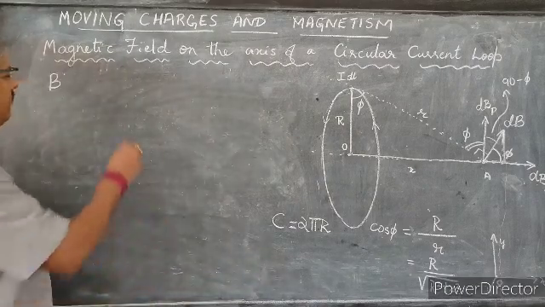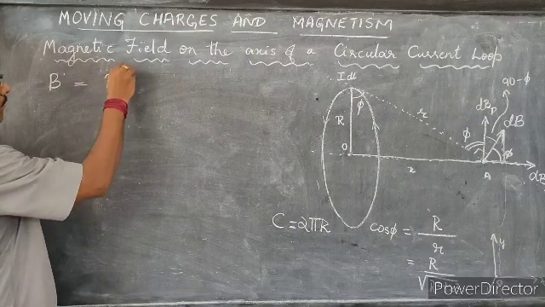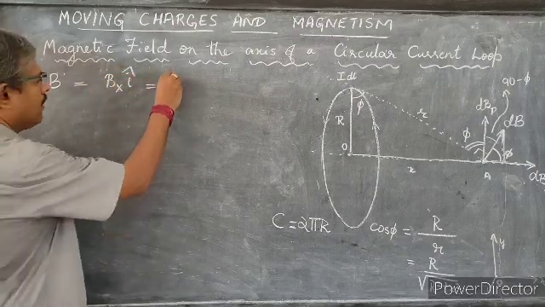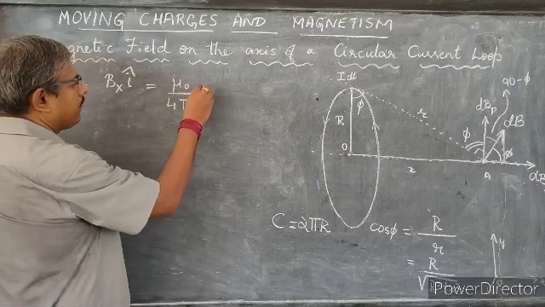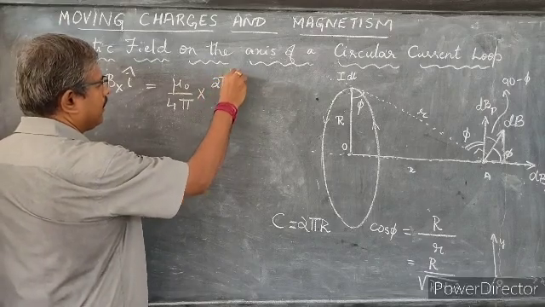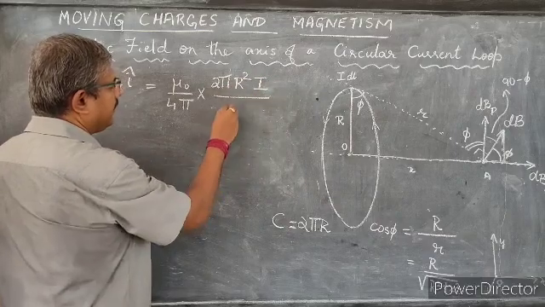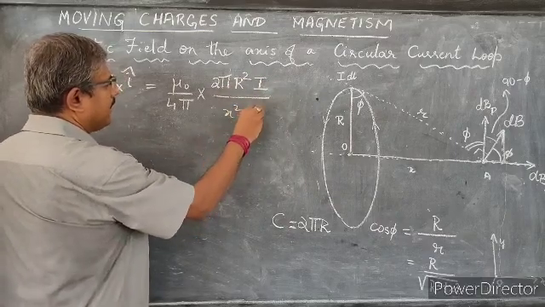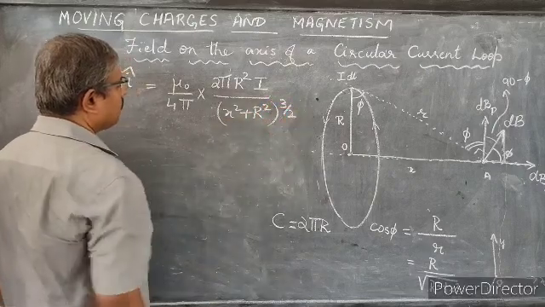So further simplifying that will give me mu naught by 4 pi into 2 pi R square into I divided by (x square plus r square) to the power of 3 by 2.